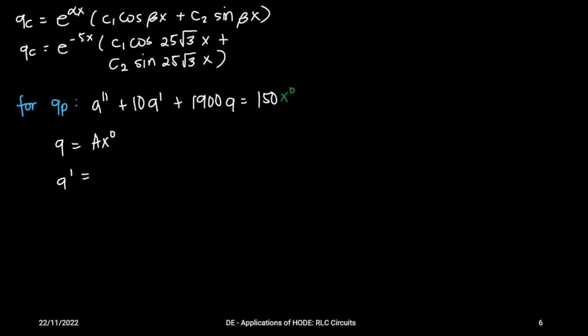Now Q prime. Since a is a constant, the derivative of a constant is 0, and again, the derivative of another constant is still 0. So substituting all of this sa ating differential equation, we will have 0 plus 10 times 0 plus 1900a is equivalent to 150.